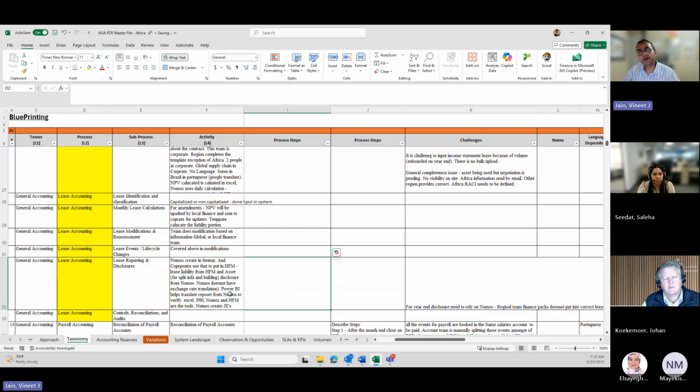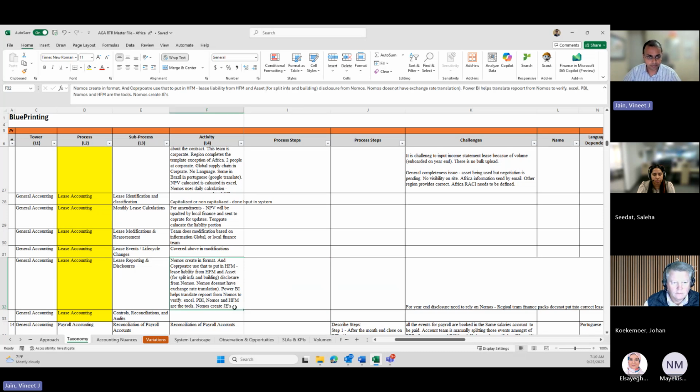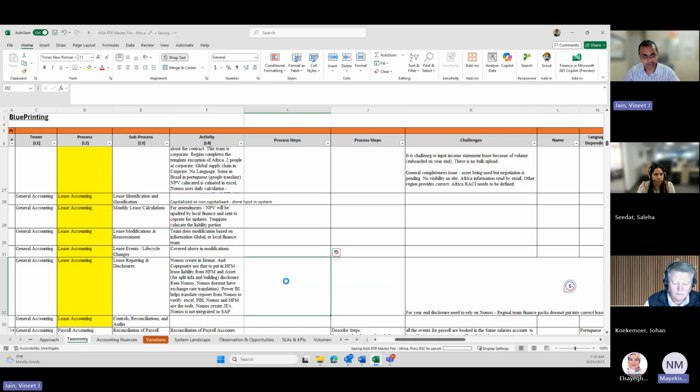Is this Nomos integrated to SAP in any way, passing the information? No. Okay. That's why they have to pull this and extract the reports. Yes, extract. Any other reporting which you are doing in this process, lease reporting, other than disclosures?